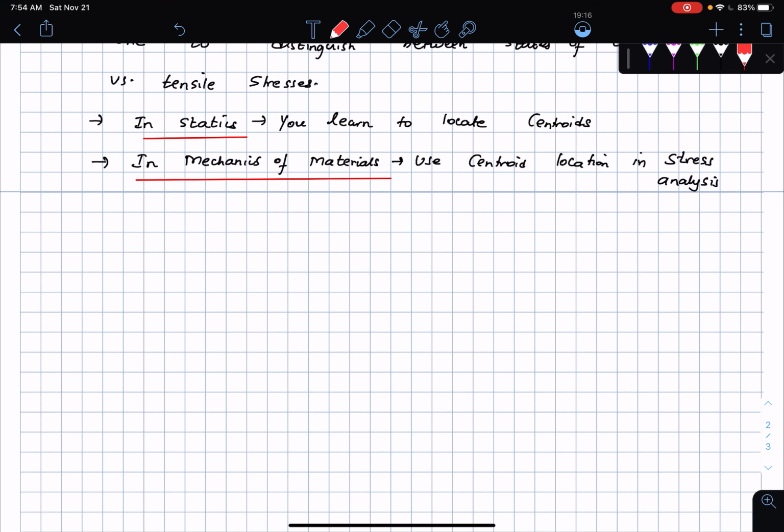Now I just want to outline a procedure for calculating the centroid of composite shapes and then go on to an example. So the procedure to obtain the centroid of composite shapes.